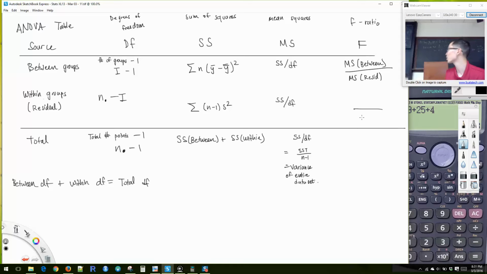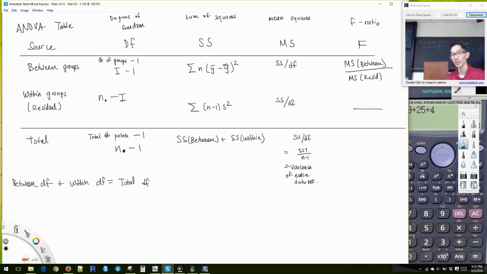Okay, so this is our ANOVA table. Now what do we do? At this point, I'm just going to say that other people have figured out the sampling distribution of our F ratio, and it follows what's called the F distribution.